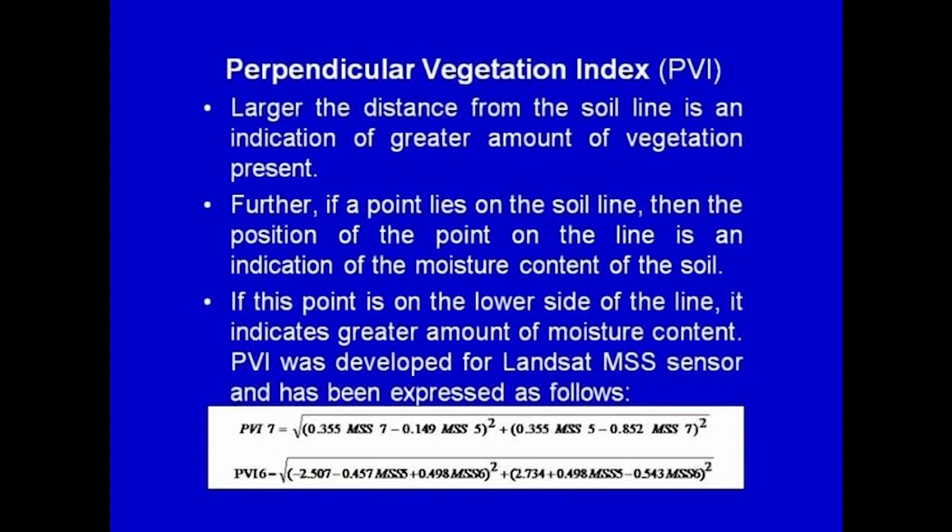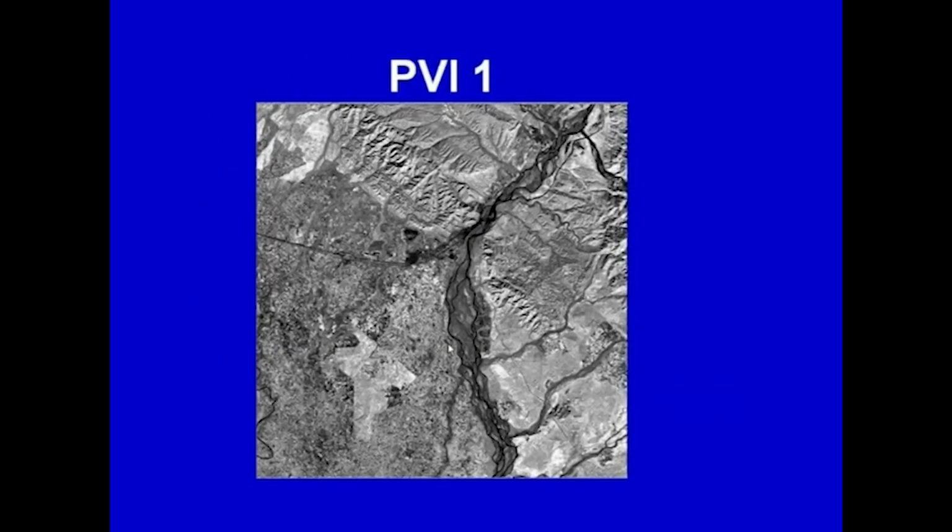What we find here is that PVI 1, which is nothing but PVI 7, shows information which is very similar to what we have seen in MSAVI. The information here is very unique, such that the soil background has been very uniquely masked out from the data sets.